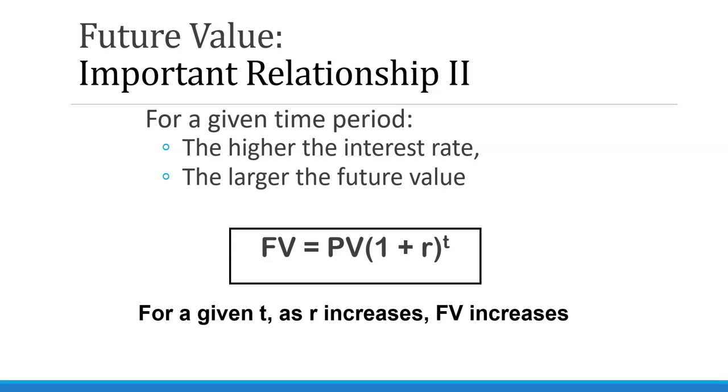So for any given time period, as the rate increases, future value increases. So even if we had a constant rate, if we increase the amount of time, the future value increases. If we have a constant period of time, we have to increase the interest rate in order to increase the future value.